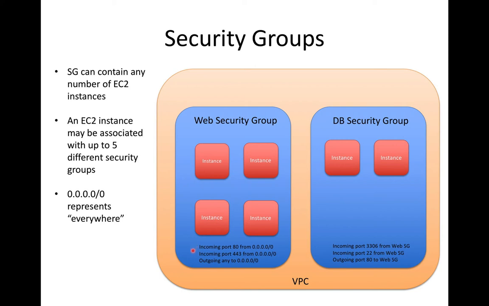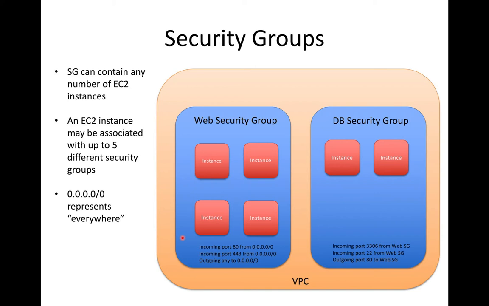The second rule says incoming traffic is allowed on port 443 from anywhere in the world, and 443 is SSL/TLS traffic. And then finally, the third rule, which is a default rule, says that outgoing traffic, so traffic that is being created by these EC2 instances, outgoing traffic is allowed out to anywhere in the world.